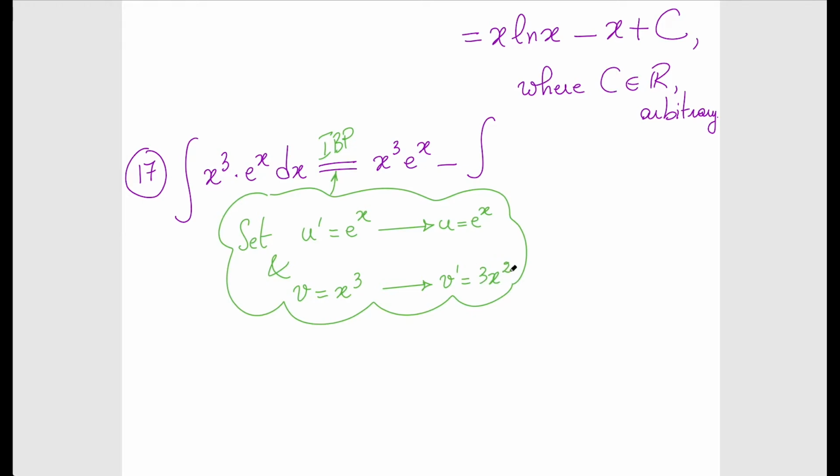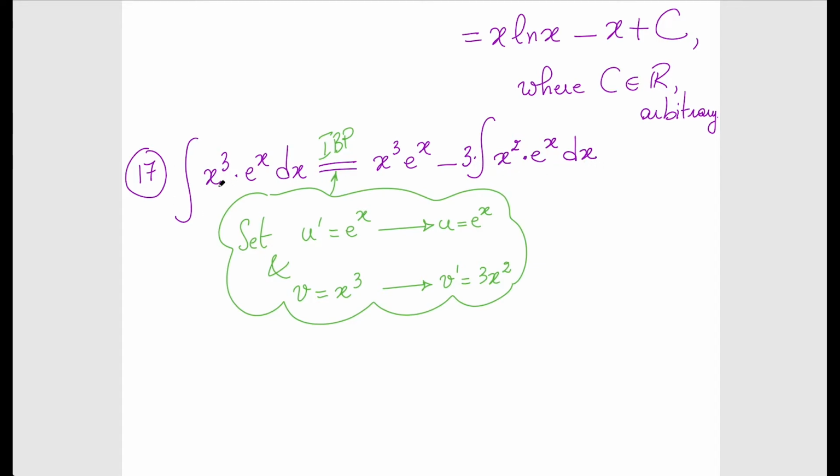So e^x times 3x squared. 3 is a pure multiplicative constant, you can push it all the way outside. And then we get x squared times e^x dx.